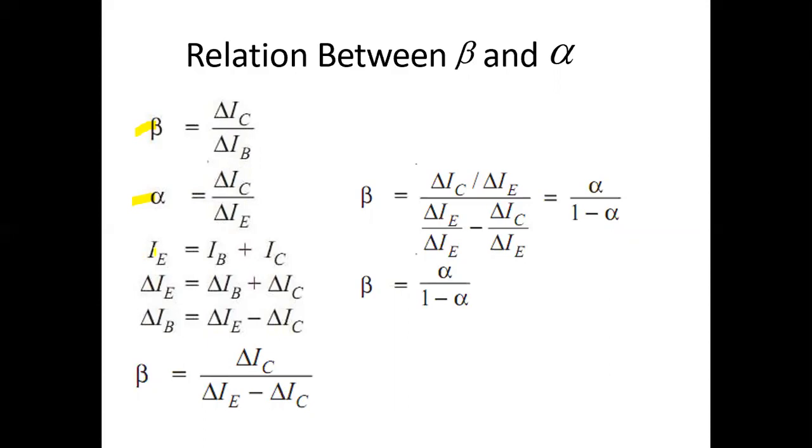Here IE is emitter current, and del IE is also emitter current, and this equation is for AC current, and this equation is for DC current.